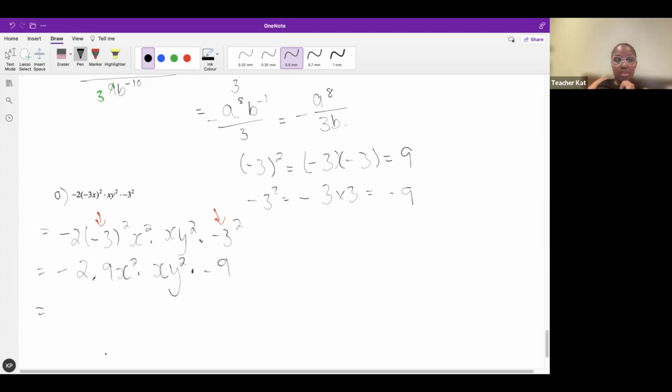Now let's go to our symbols. A negative and a positive gives you a negative. A negative times a negative is a positive.